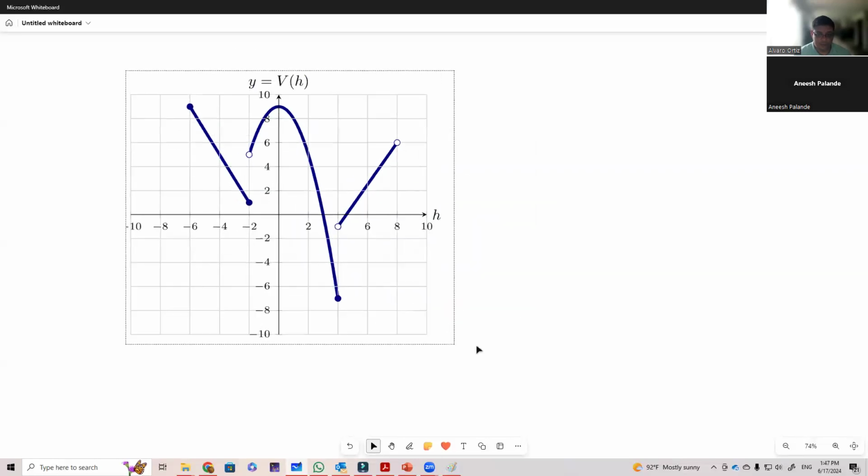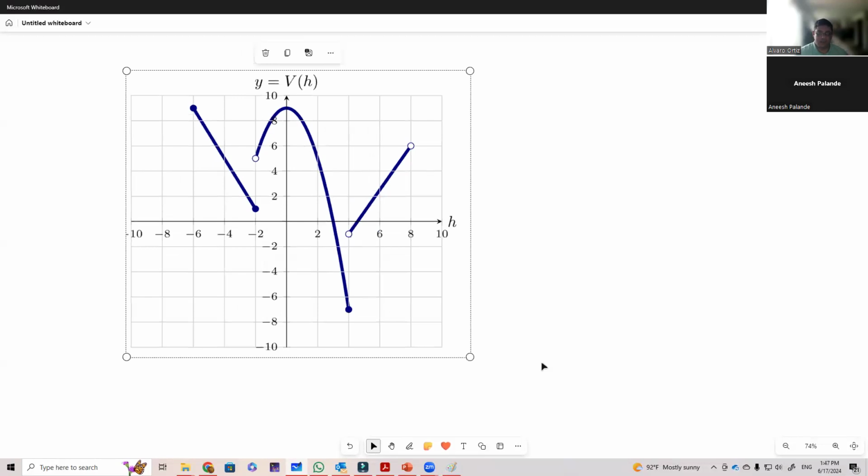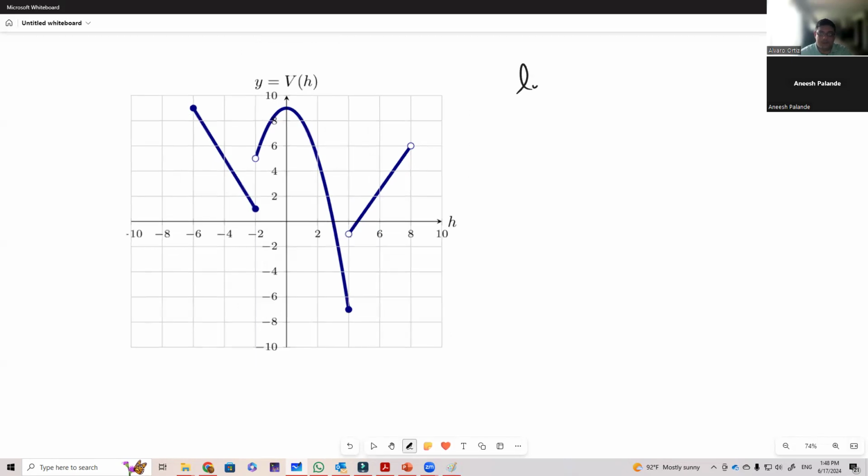Okay, so let's do some examples with piecewise functions. A piecewise function is something we use often to double check what happens with continuity and limits. For example, what is the limit as h goes to -2 of the function b of h, because that's the function we have over here.